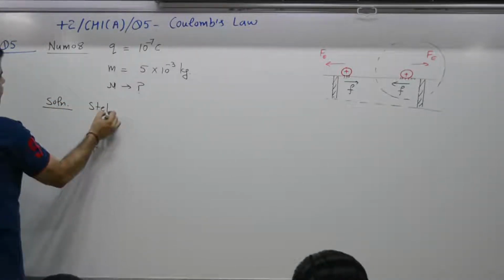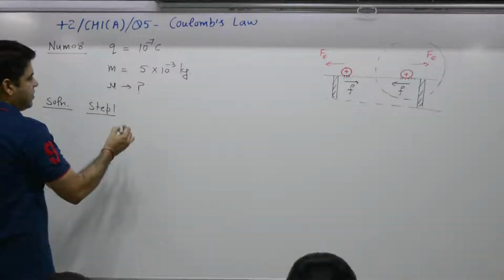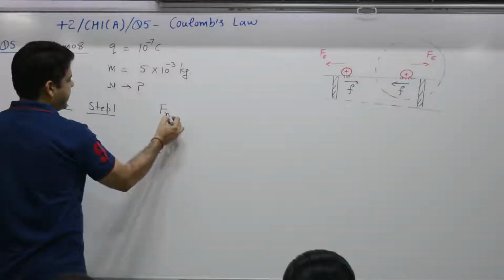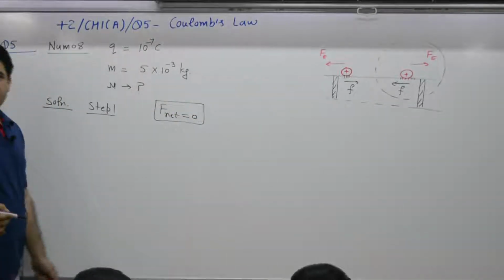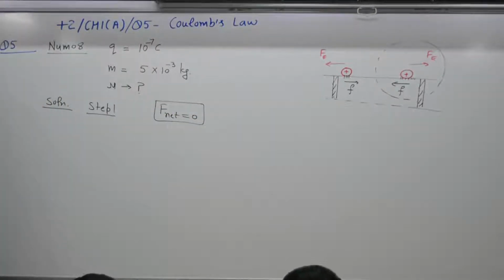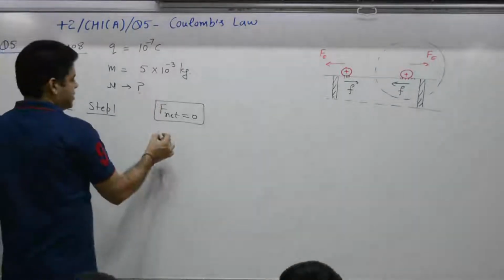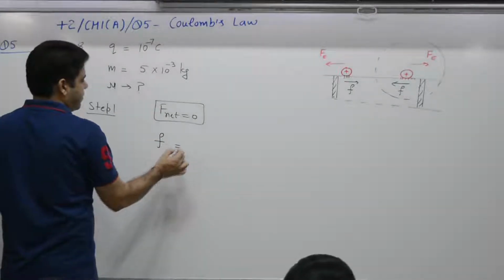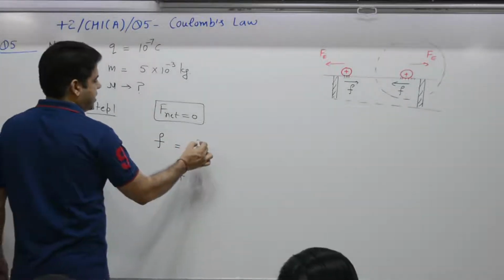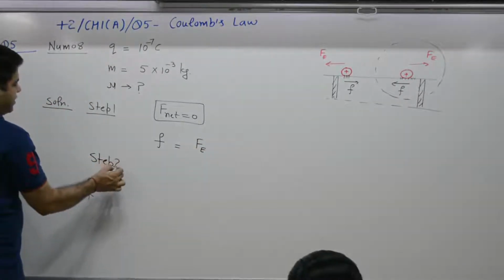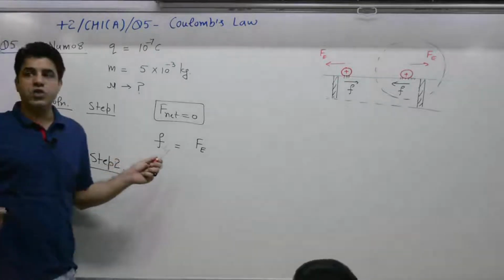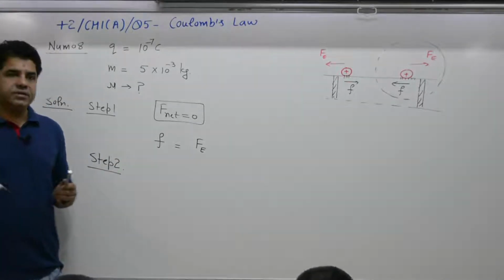Step 1 is concept. Net force is 0 because each particle is in equilibrium. Means what? Frictional force f is equal to Fe, the electric force. Frictional force is from Plus 1, chapter number 3.